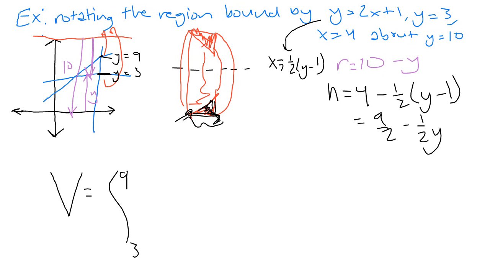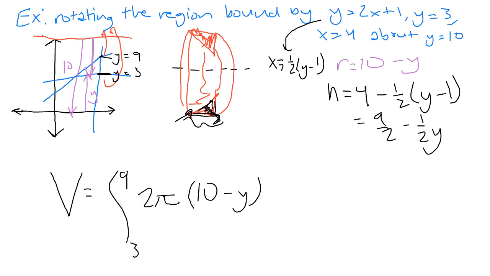And then we're going to have our 2 pi. Then we have to think about our circumference. So we have circumference times height times thickness. In this case, instead of just having x or y as our radius, we're going to do 10 minus y, since we said that was our new radius, and that gives us that circumference piece.